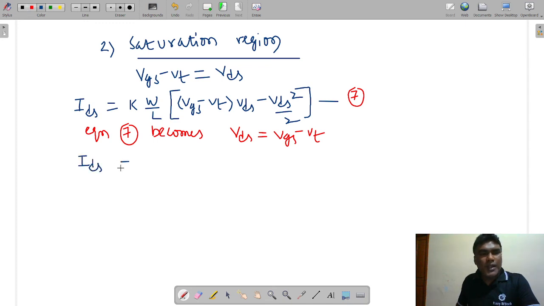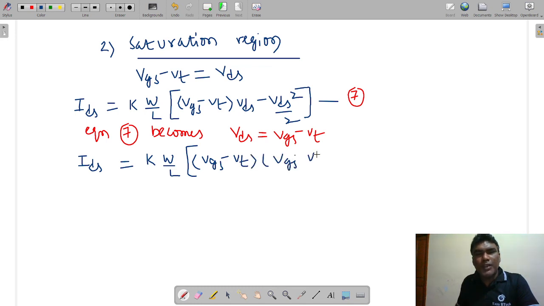Then in saturation region IDS is equal to K into W by L. Substitute in place of this VDS, VGS minus VT. So channel voltage is equal to the drain to source voltage. So VGS minus VT into VGS minus VT minus VDS, meaning VGS minus VT whole square by 2.